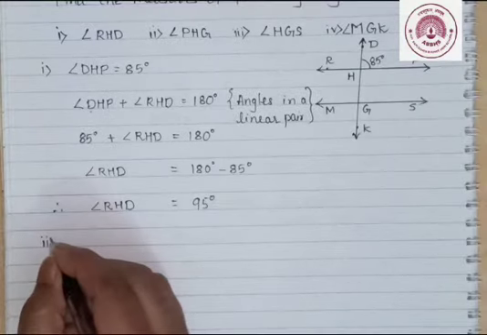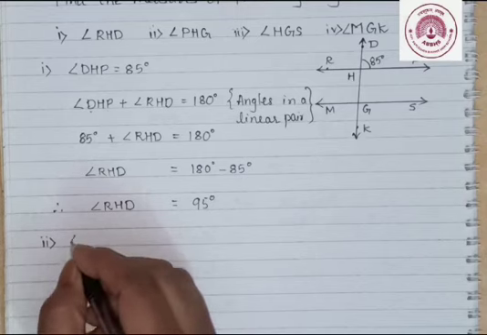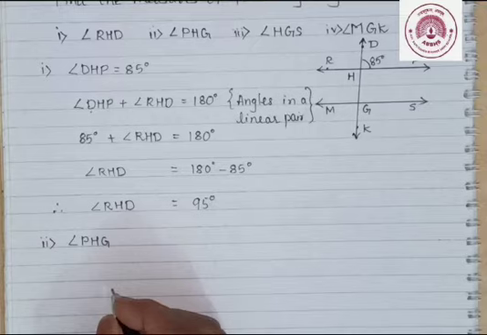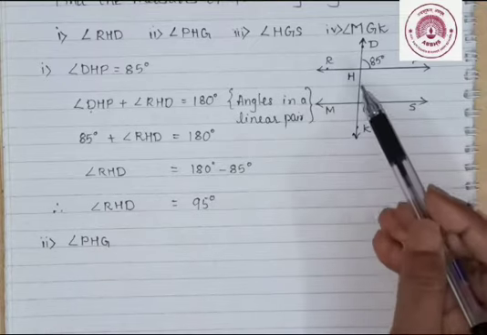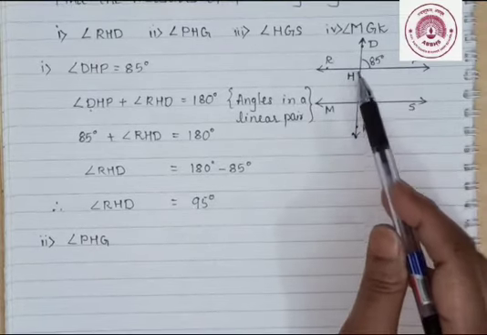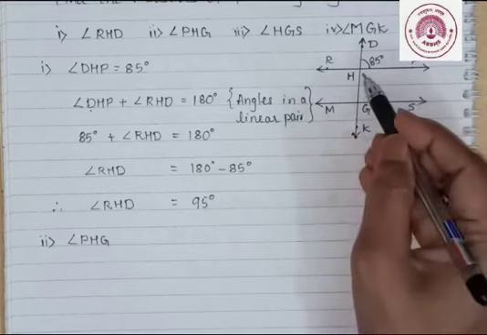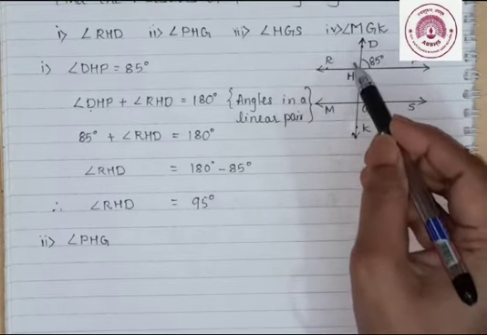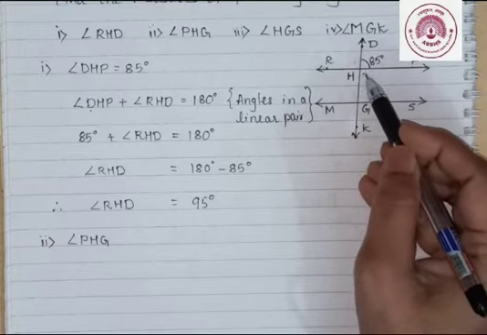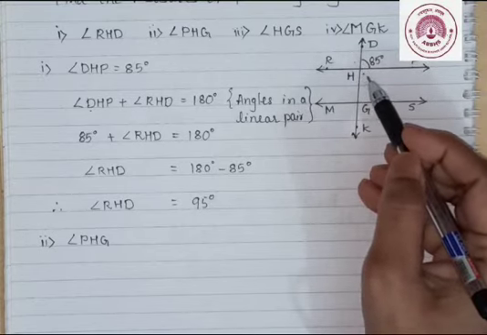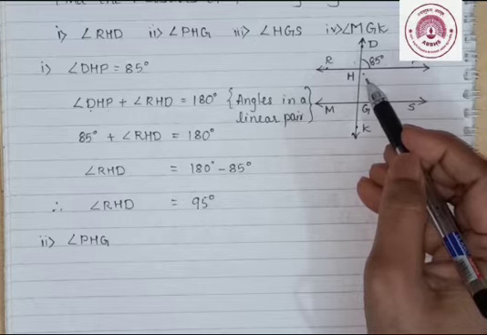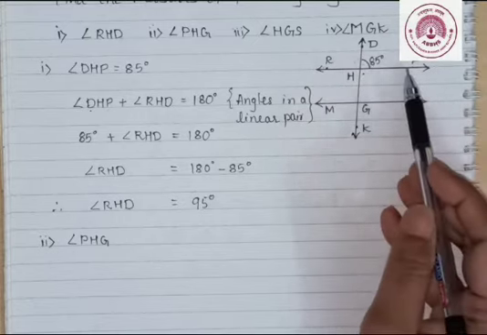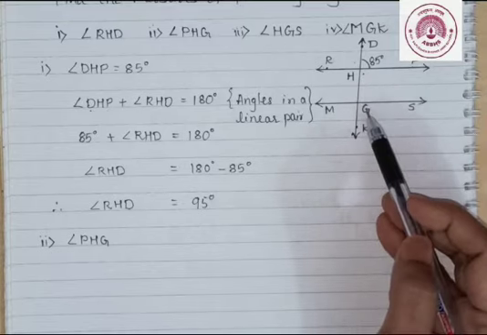Second, we have to find angle PHG. Now angle PHG, this angle, and angle RHD, this angle, are vertically opposite angles, right? And vertically opposite angles are congruent, and therefore angle RHD is equal to angle PHG.